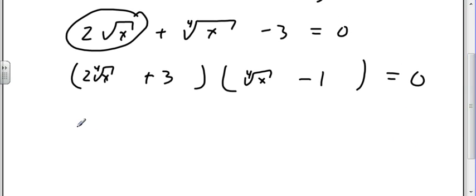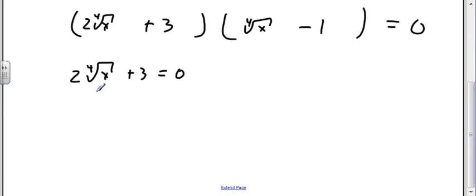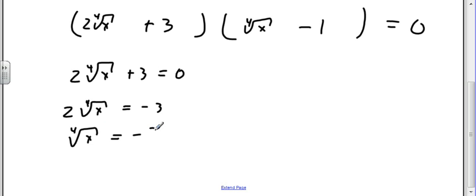Okay, so 2, the 4th root of x plus 3 could be 0. Okay, so now I got 2, the 4th root of x is equal to minus 3. The 4th root of x is equal to minus 3 over 2.